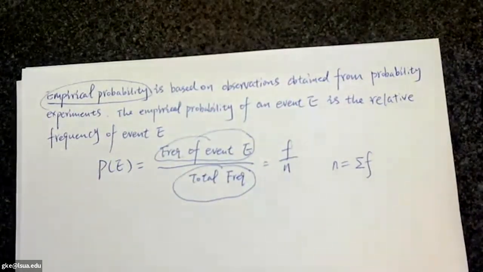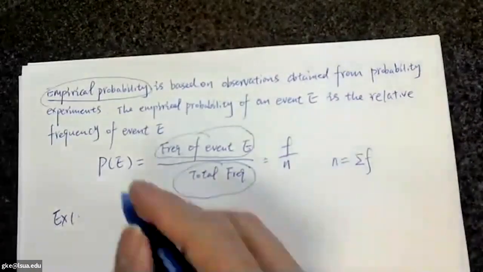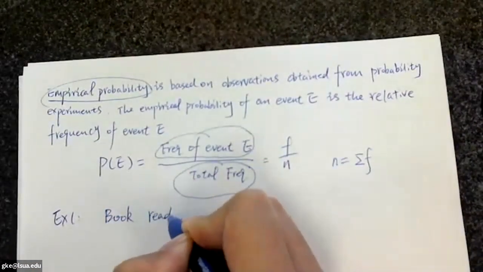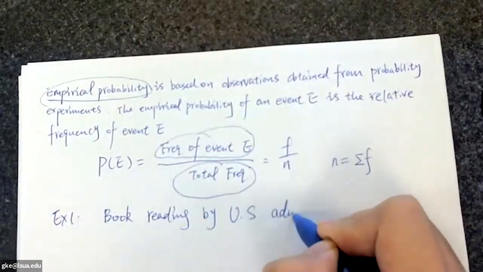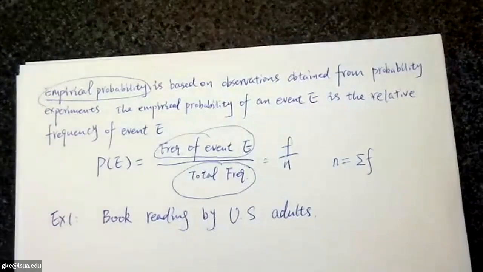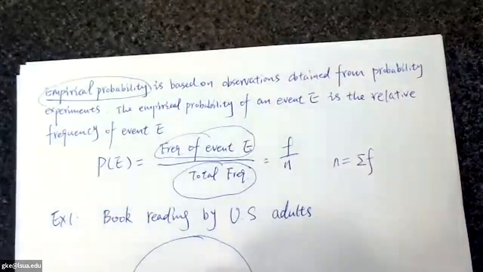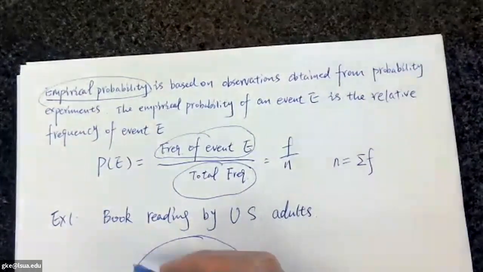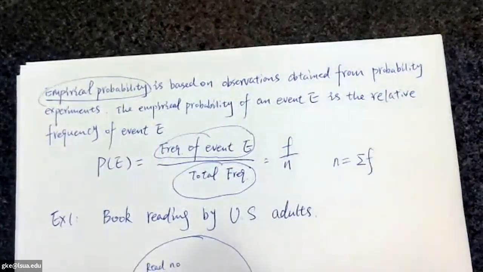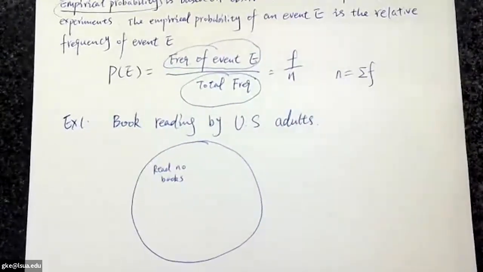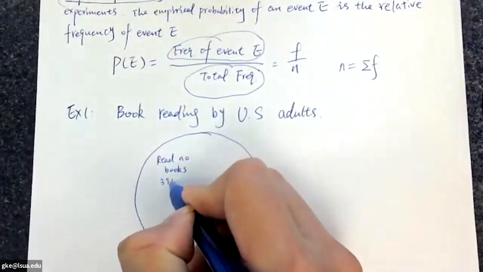Now, let's take a look at an example. The first example: book reading by US adults. Read no books: 395.